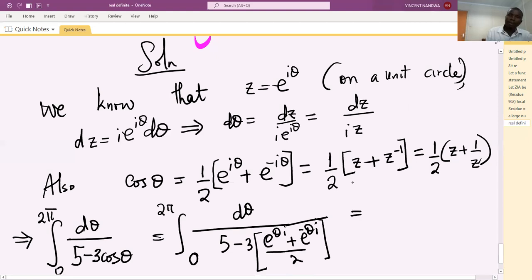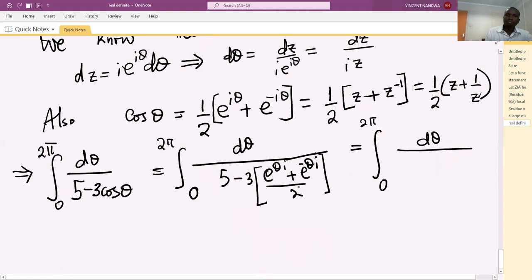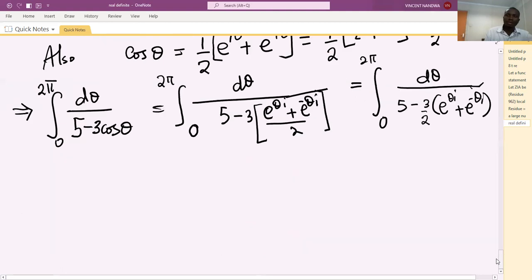Which is the same as the integral from 0 to 2 pi of d theta over 5 minus 3 over 2 times e raised to the power theta i plus e raised to the power minus theta i.